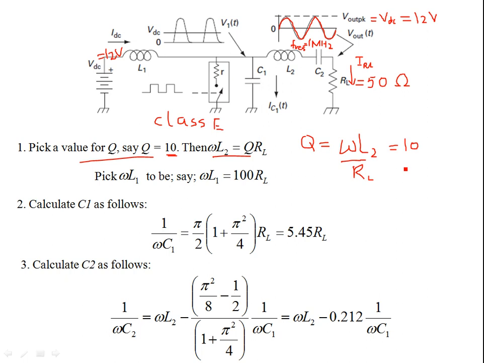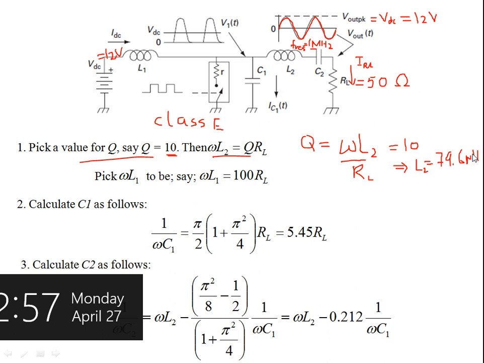You recall that at resonance, series LC is a short circuit. So if you calculate this: RL is 50 ohms, omega is 2 pi into 1 megahertz, that's the specified frequency, Q is 10. So this gives you L2 of about 79.6 microhenries. Let me write this: 79.6 microhenries.